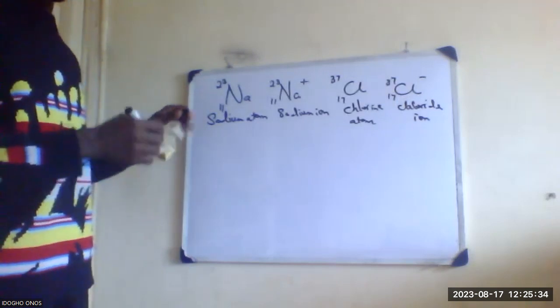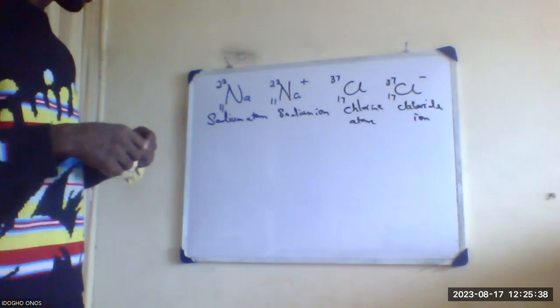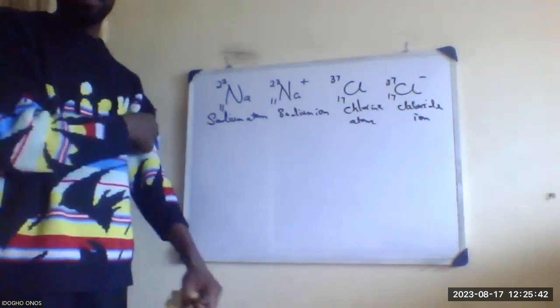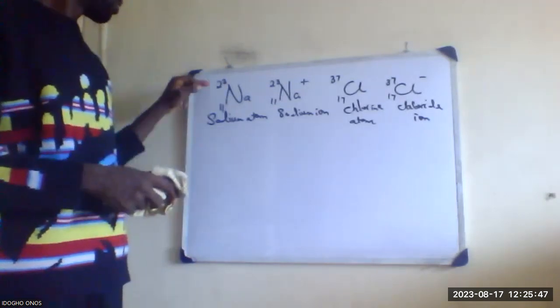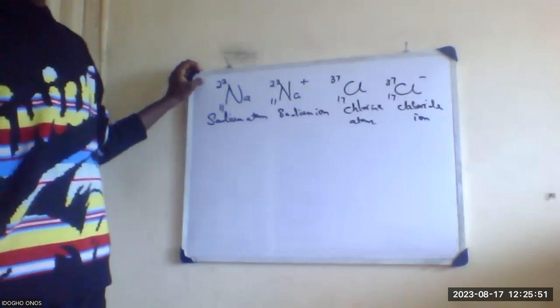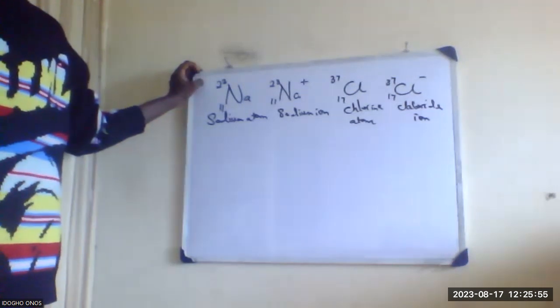This 11 is known as the atomic number. Why 23 is called the relative atomic mass, or the atomic mass.